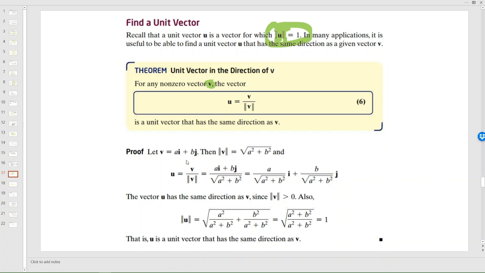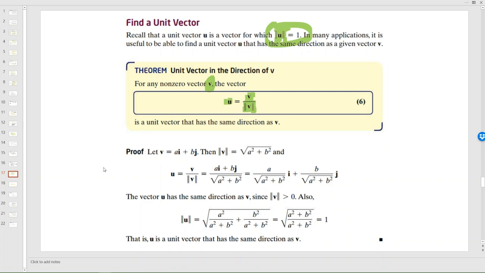So v is going to carry over the direction to us, but it's going to lose its old magnitude, and the u is going to be a vector in the direction of v, but it's the unit vector. The way we calculate that is we take the original vector v, divide it by its magnitude, and that's going to indicate the direction of v as a unit vector.